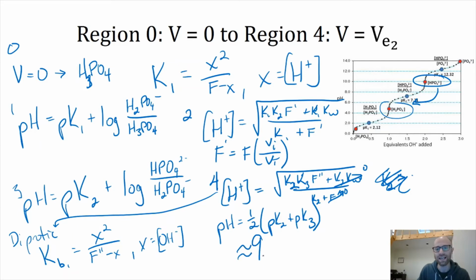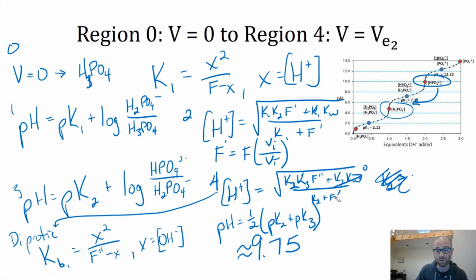Now, is it going to be exactly that? No, because in this case, K3 F double prime is actually probably pretty close to KW. So we would actually go through the math and do the math. And again, K2 is probably pretty small compared to F. In fact, it's so small compared to F that Mr. Mulick made a mistake in his approximation.